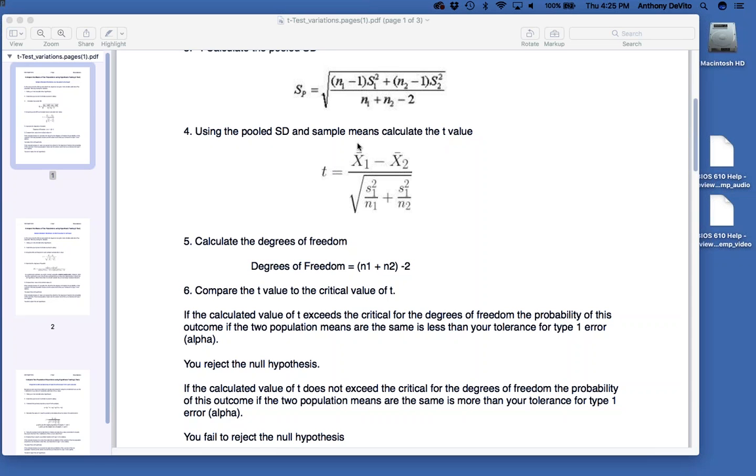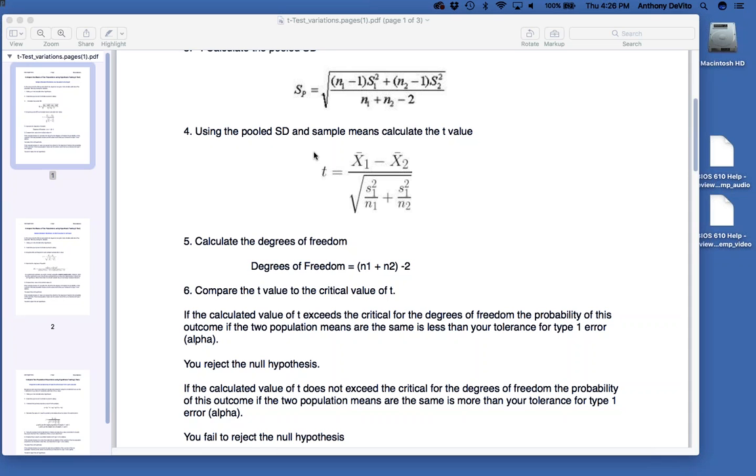So that will give us, it's the same thing, the difference between the means over the standard error. It gives us a value of t. How big t is tells us are they far enough apart, x1 and x2, are they far enough apart to say that the means of the two populations are different, right? Are they really far enough apart?